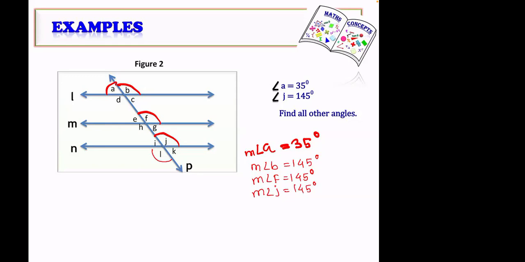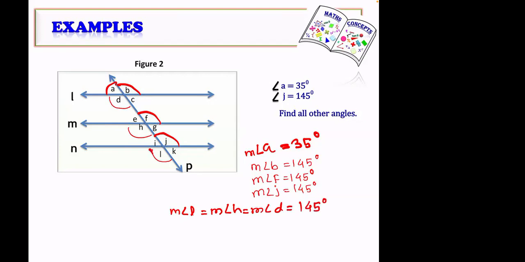Can someone tell me what is corresponding angle of angle L? Ma'am, H can be H and D. H and D, absolutely right, Khadija. H and D are again corresponding angles of L. So measure angle L equal to measure angle H equal to measure angle D. These all are again 145 degrees.